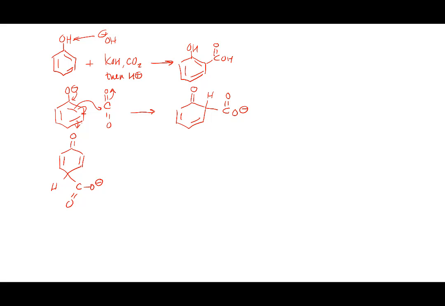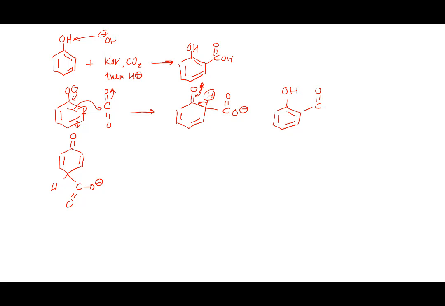I think the difficulty here is, either way, this pair of electrons is going to move back, that pair of electrons is going to move up, because we're going to reform the carbonyl, or reform the aromatic ring. I'm going to end up with an O minus. Actually, I'm not. I'm going to end up with an OH. So when this pair of electrons moves here, and this double bond moves there, it's going to pick up that hydrogen. So that's a tautomerization step, is really what that looks like. So that is going to then form the OH.